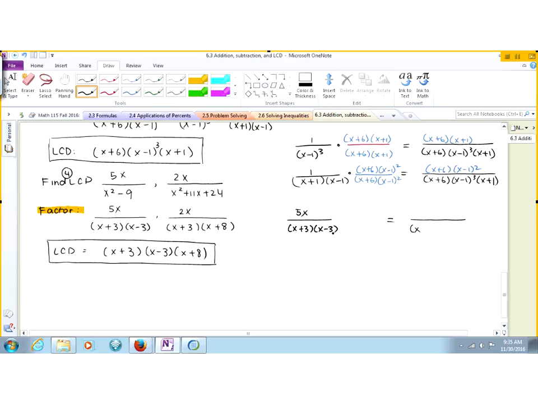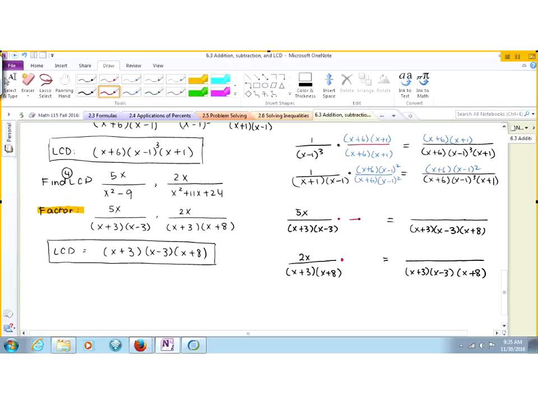So do it in the factor form, right? x plus 3, x minus 3, x plus 8. Okay, and this is 2x over x plus 3, x plus 8. And my LCD is x plus 3, x minus 3, x plus 8.